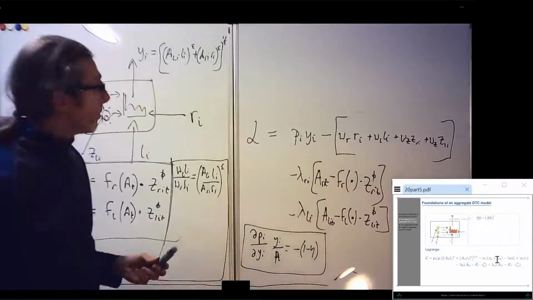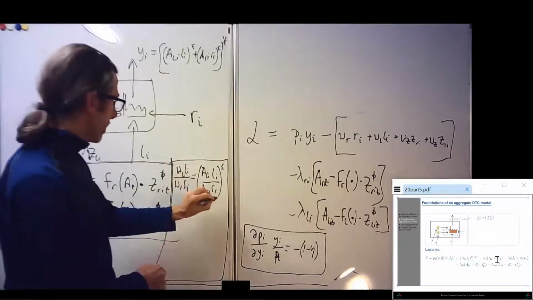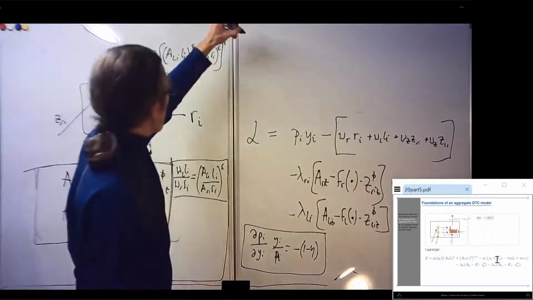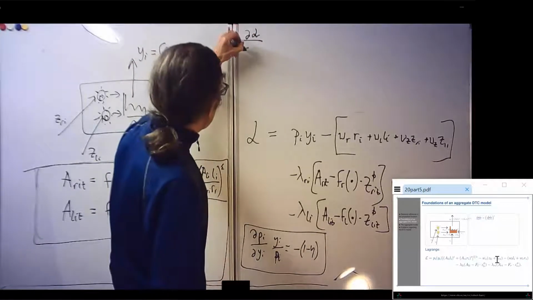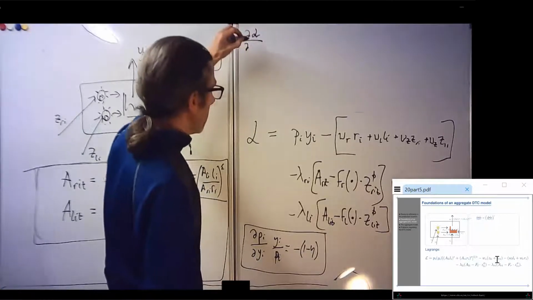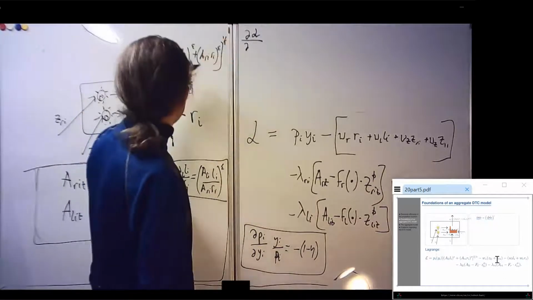Okie doke. So that is the result of the first order conditions in L_i and R_i. What about the first order conditions in, let me think. Right, I didn't say this before.